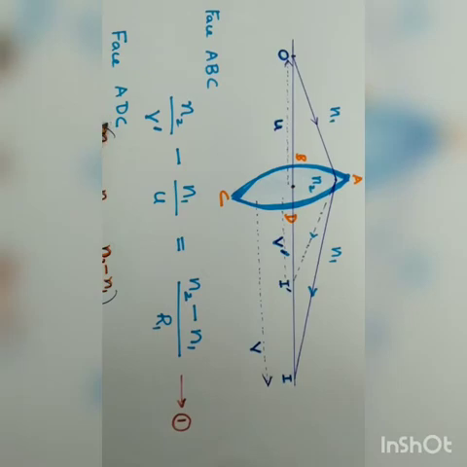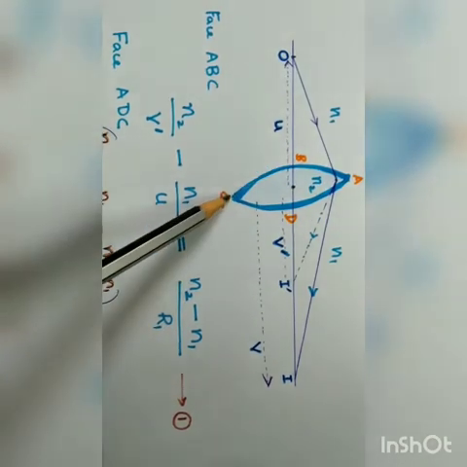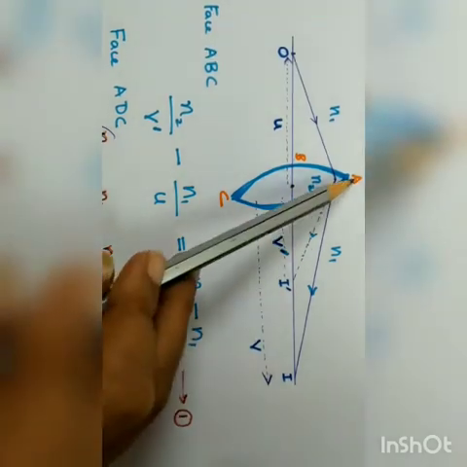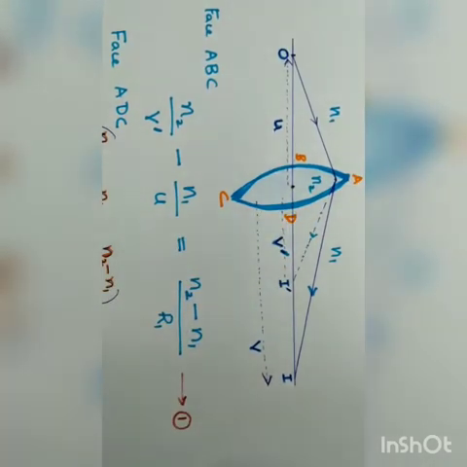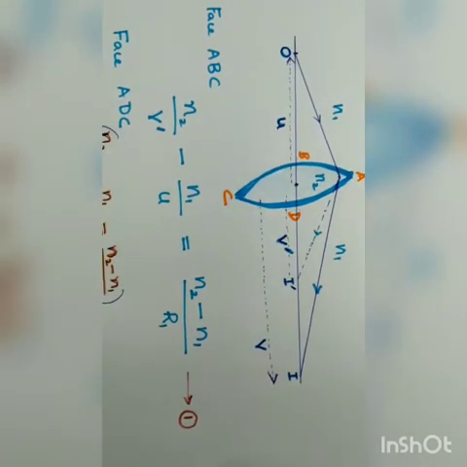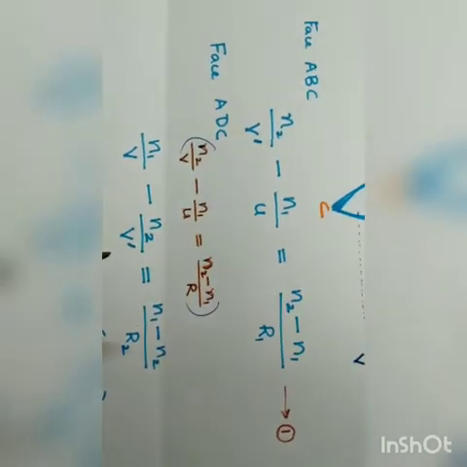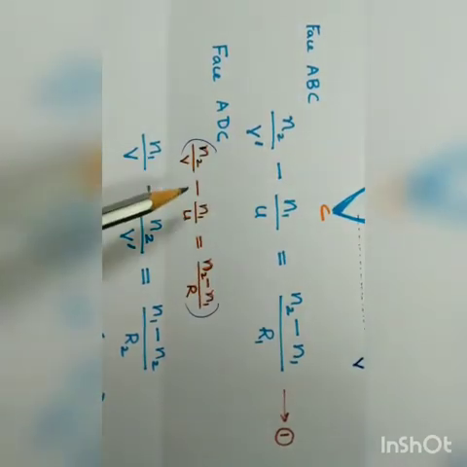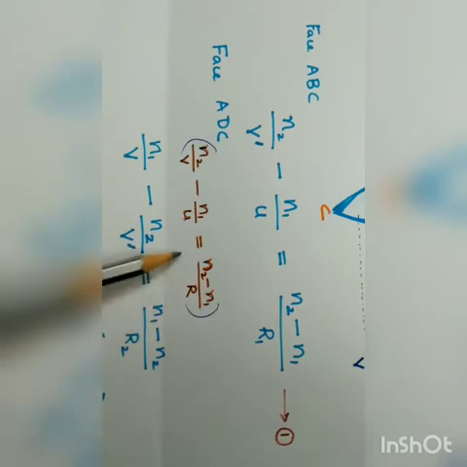So we have two faces for the lens. ABC is the first face, ADC is the second face. And we are going to use the formula n2 by v minus n1 by u equals (n2 minus n1) by r for the two faces.